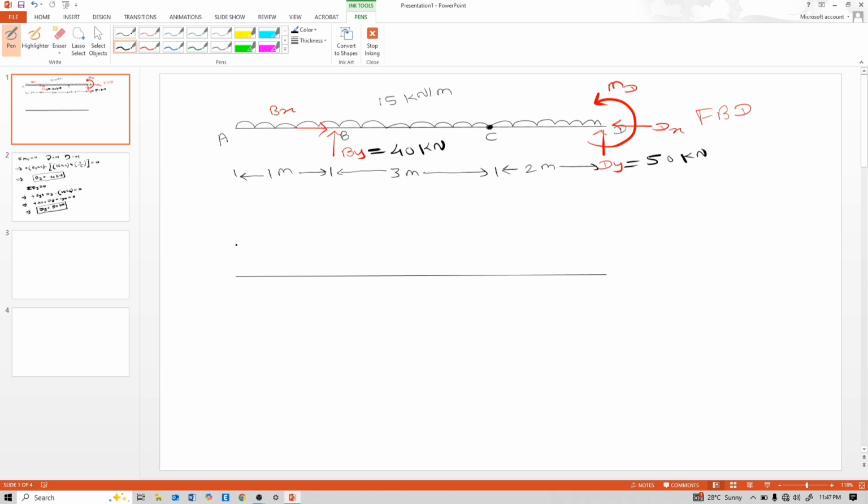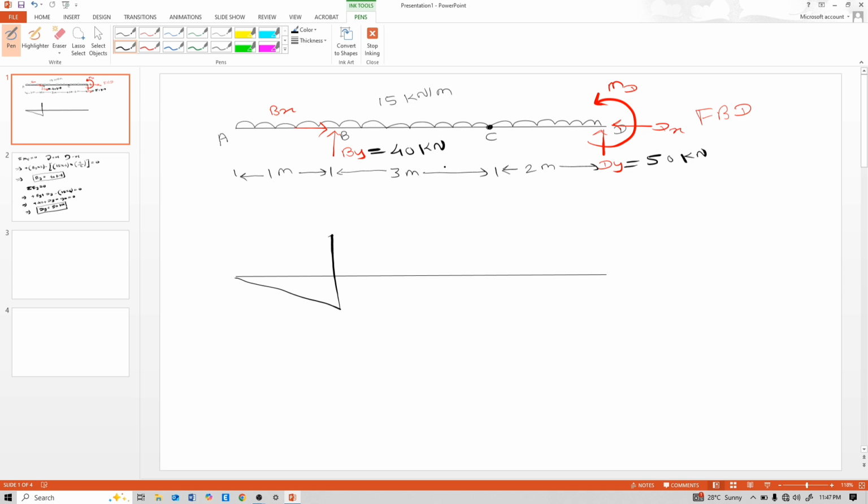At point A, shear is 0 because it is an overhang portion. At B_Y it is upward, so the diagram goes like this. This is the judgmental shear force diagram. It may be right or wrong. After the correct mathematical value calculation, we will know.